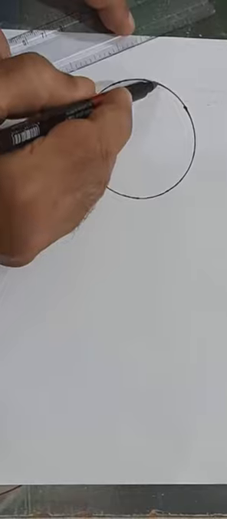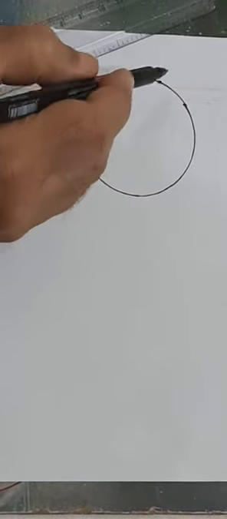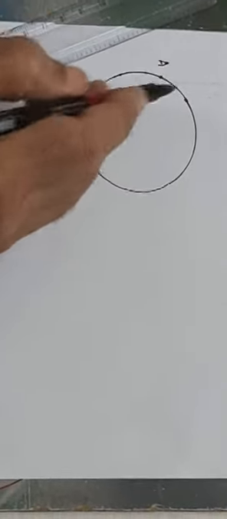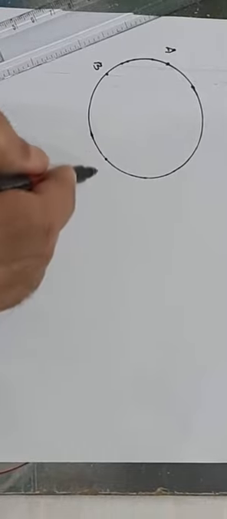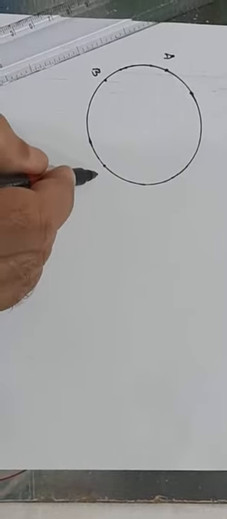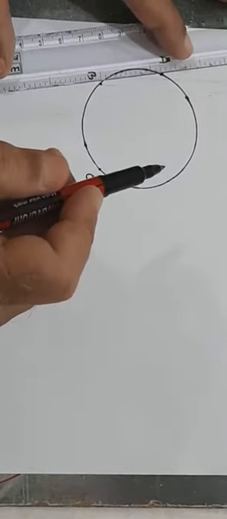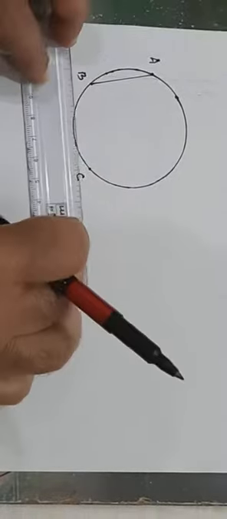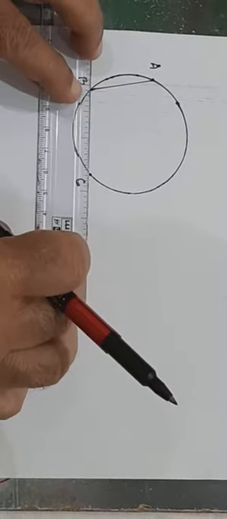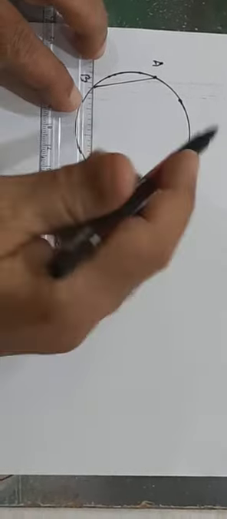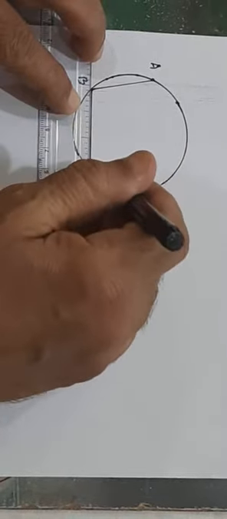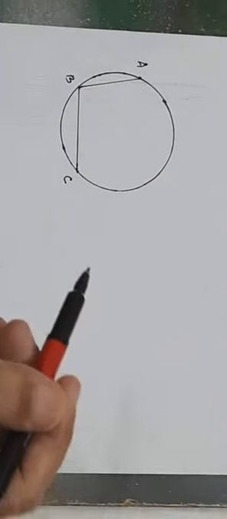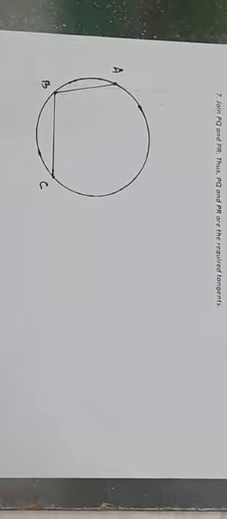So let us mark this as A, this is B, and this is C. Any three points you locate, draw the chords. These chords are non-parallel chords. Now these are three non-collinear points.